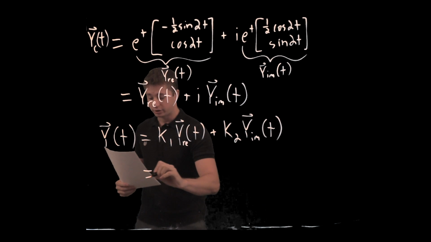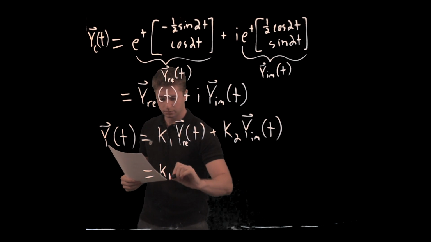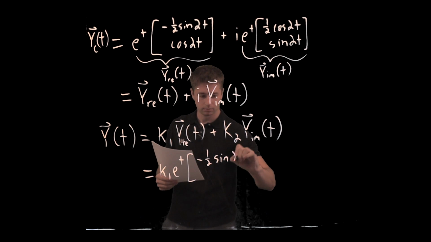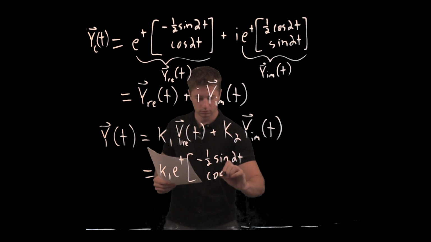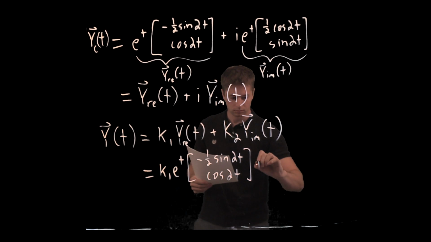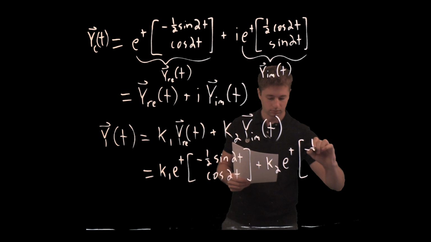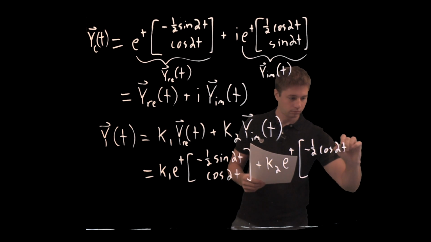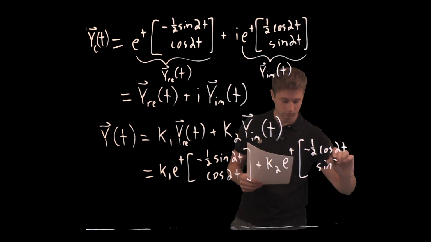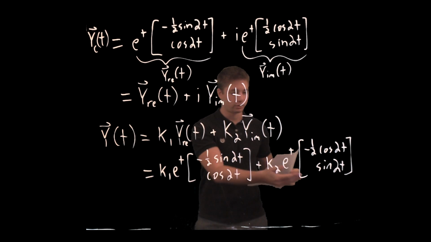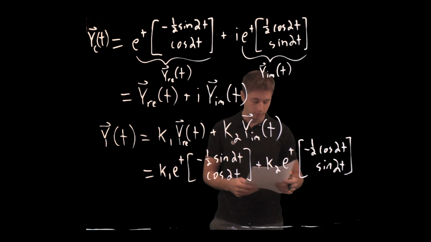So that means our general solution is, in fact, and that's it. This is our general solution for unknown constants k1 and k2.